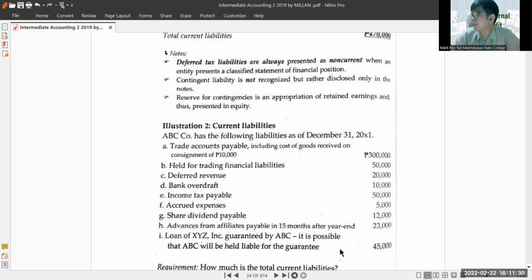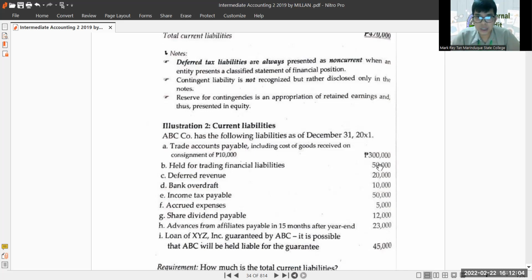Pag sinabi natin probable, the chance of happening is more than likely, that is more than 50%. So kapag possible, it means 50-50 or less. So therefore, hindi siya probable. Kung hindi siya probable, eh di yung happening is not guaranteed. So therefore, yung 45,000 na hindi kasali.